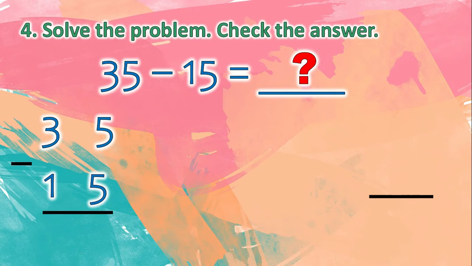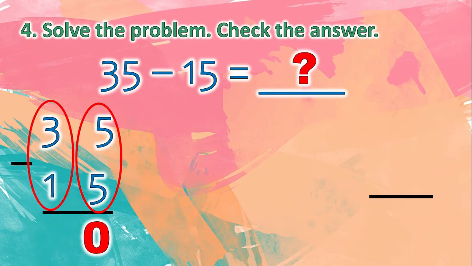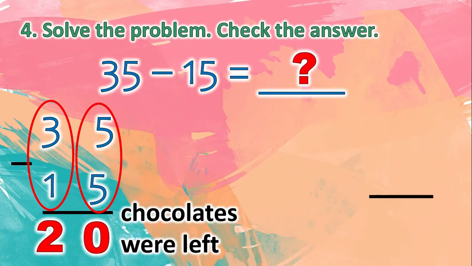You subtract first the ones place, which is 5 minus 5, equals 0. Then proceed to the tens place: 3 minus 1 is equals to 2. So our answer would be 20. There are 20 chocolates left.